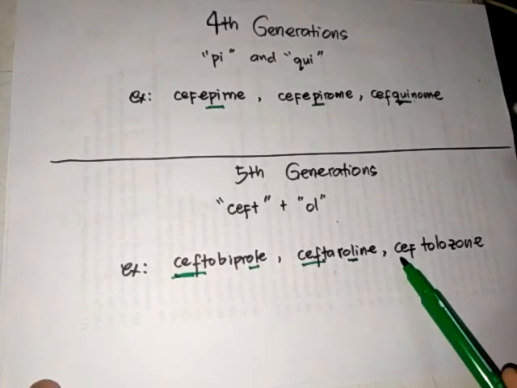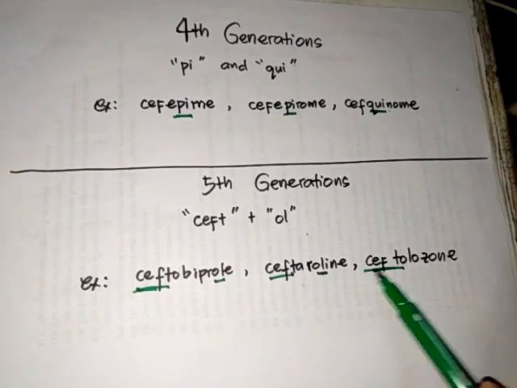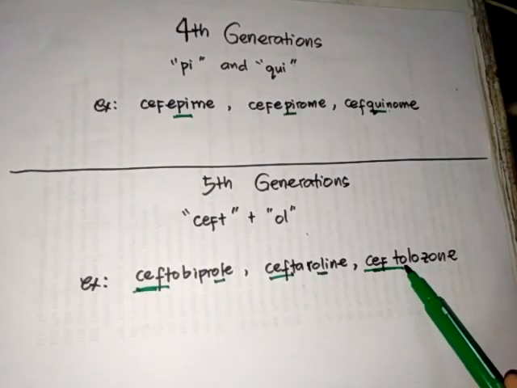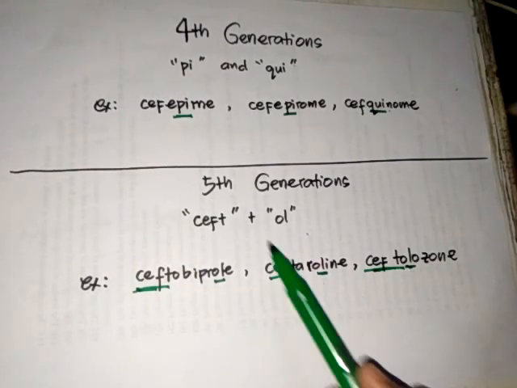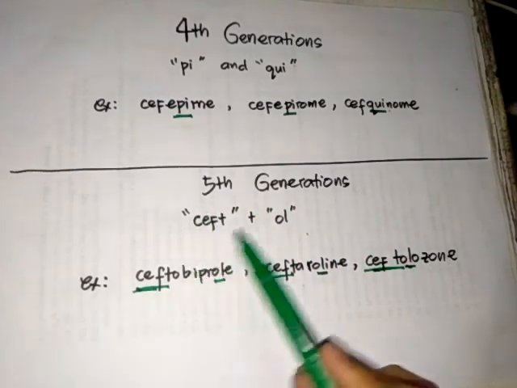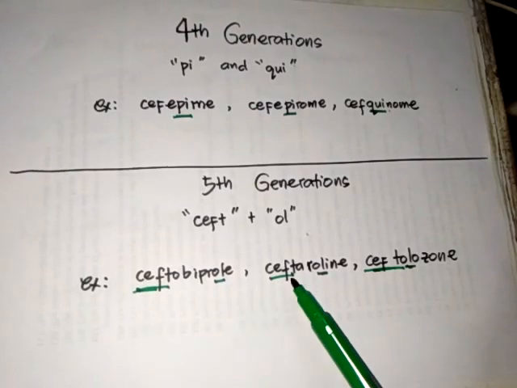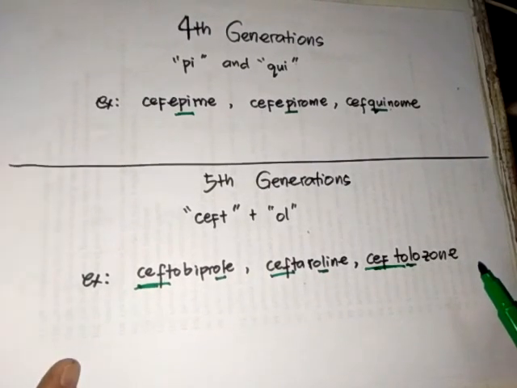Ceftolozane, OL. Again, fifth generation is a combination of your CEPT and your OL: ceftobiprole, ceftaroline, ceftolozane.